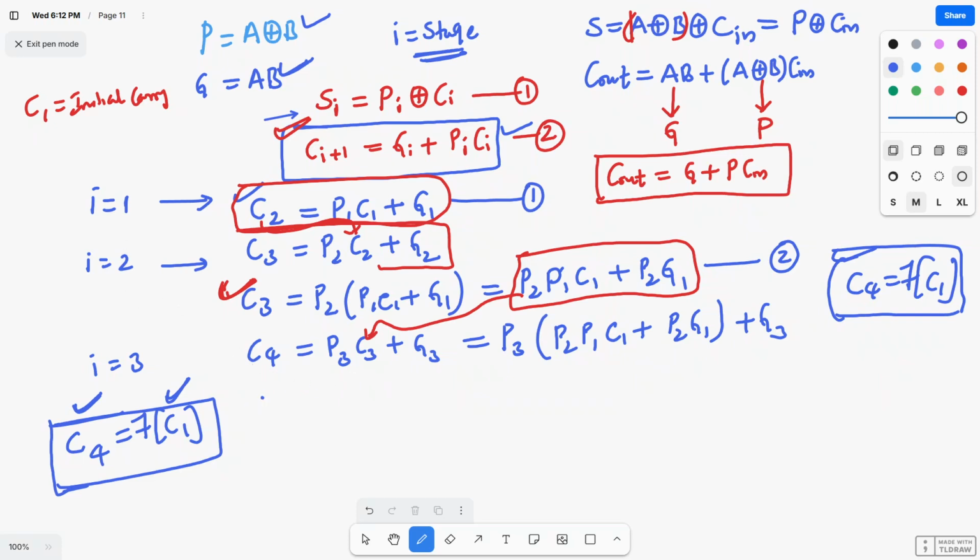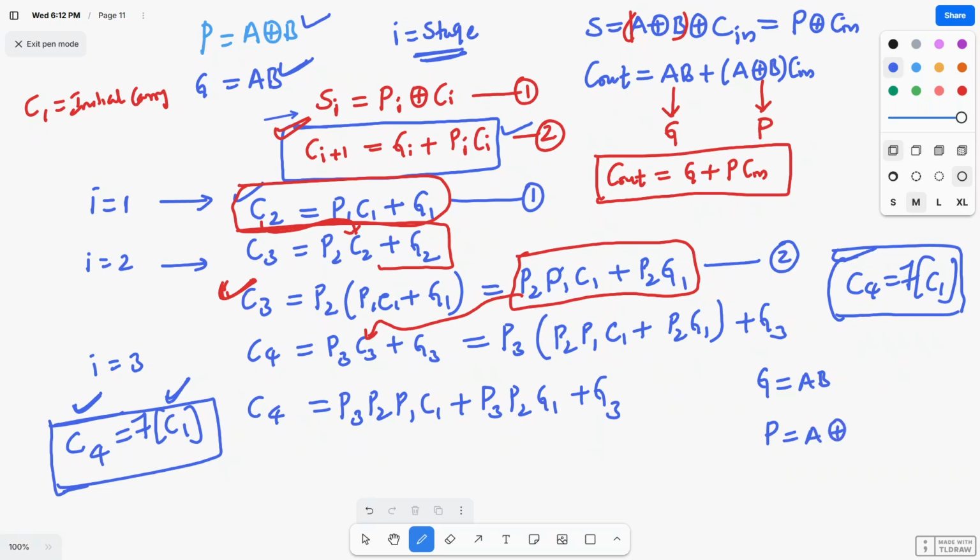C4 equals, if you multiply, what are you getting? P3 P2 P1 C1 plus P3 P2 G1 plus P3 G2 plus G3. Normally, what is generate? Generate equals AB, propagate equals A XOR B. So this is a simple combinational circuit.